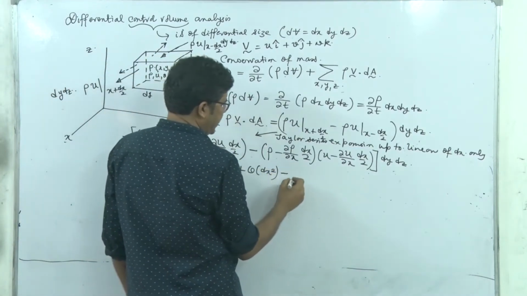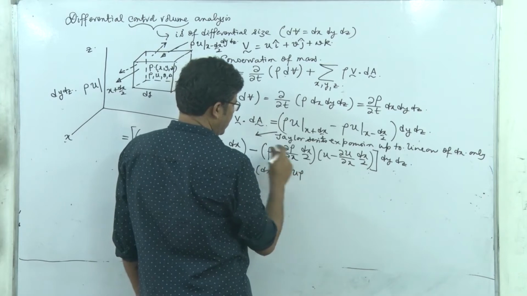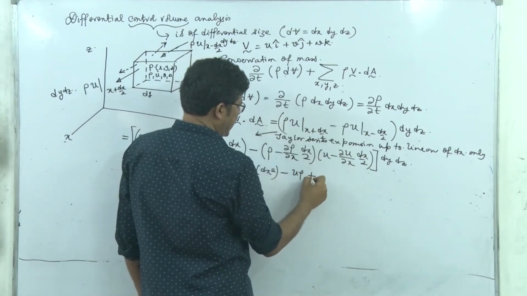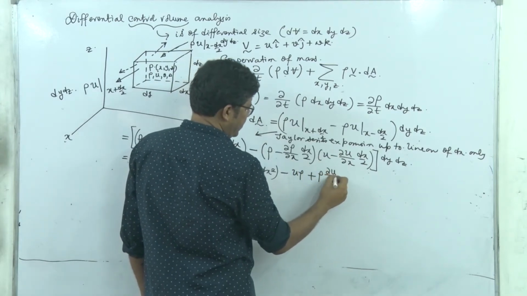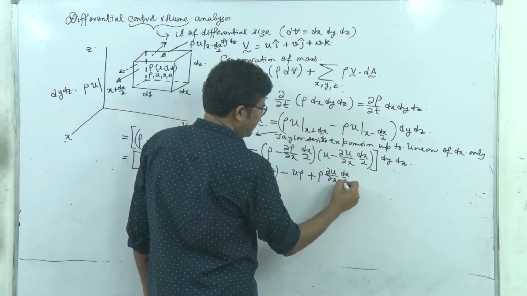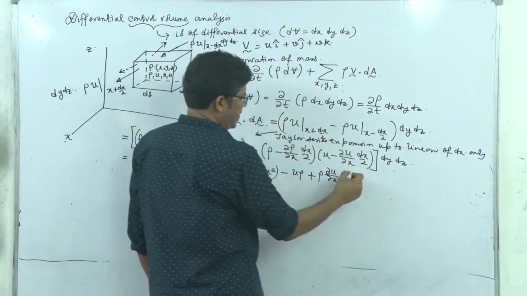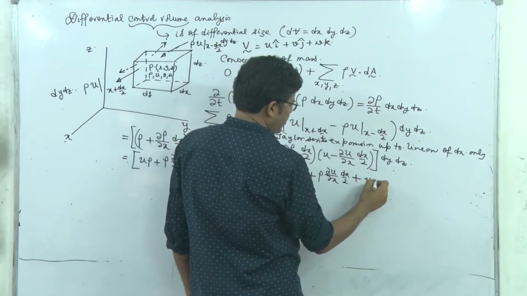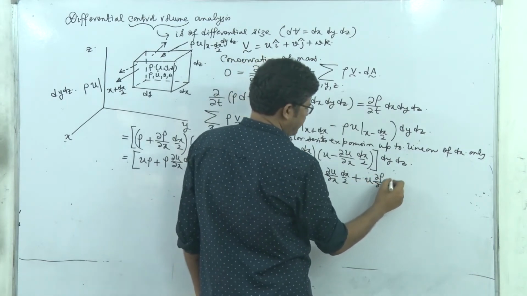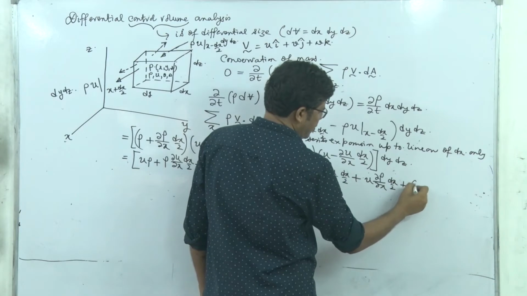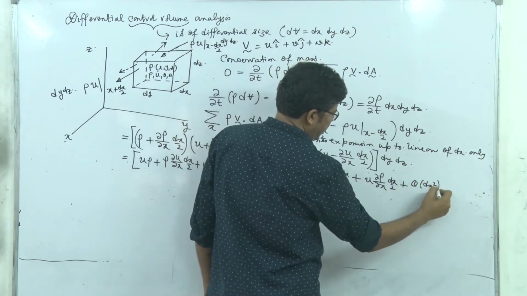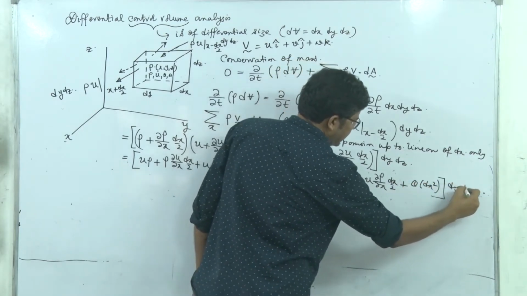And here it is minus u into rho, then minus minus plus rho into del u del x dx by 2, then again plus u into del rho del x dx by 2, plus the term of order dx square, whole bracket dy dz.